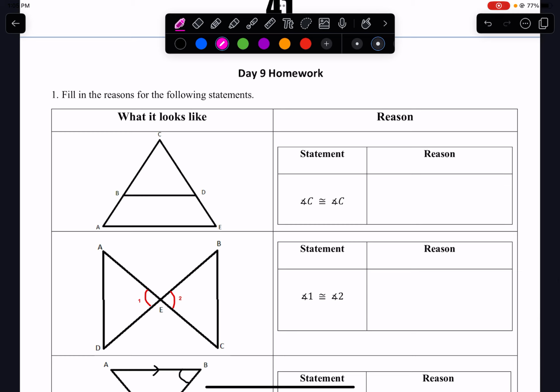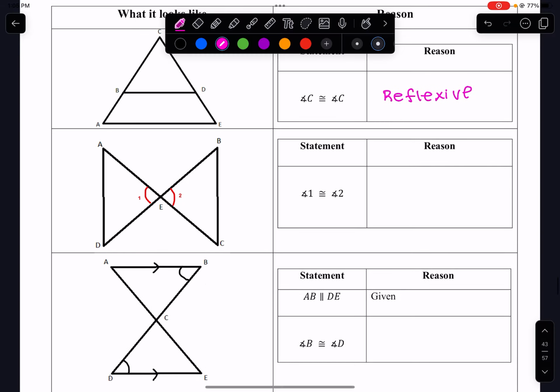So now we're just practicing taking apart pieces of the proof. So I can say that angle C is congruent to angle C by the reflexive postulate. I can say that angle 1 is congruent to angle 1 because vertical angles are congruent.